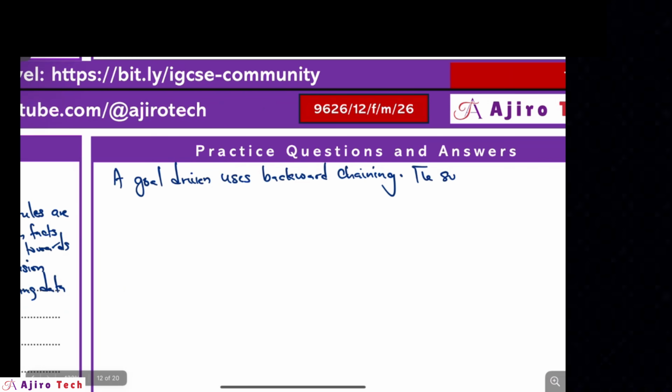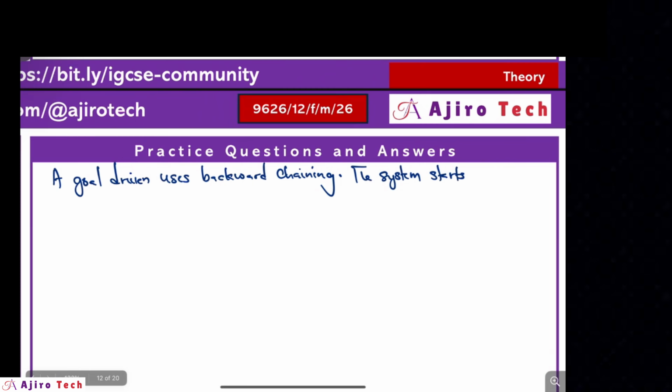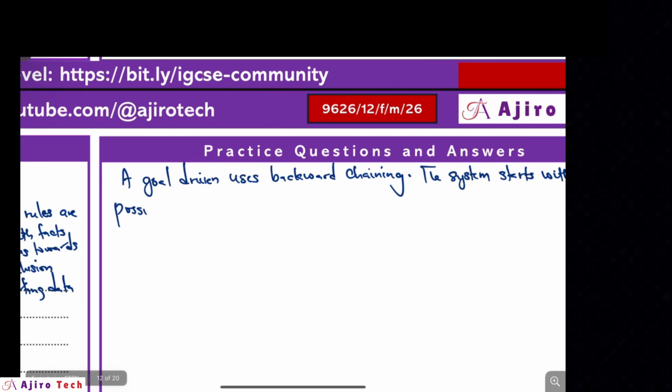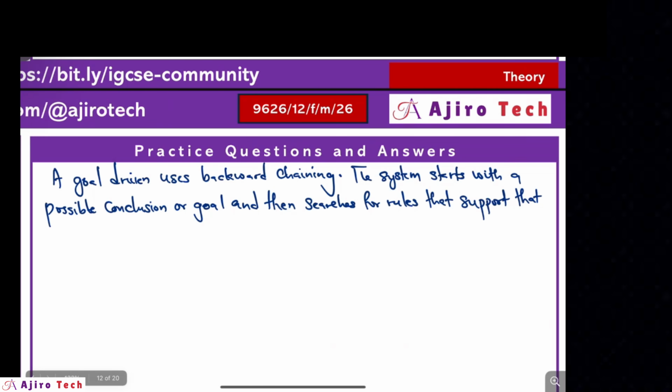That means the system starts with a possible conclusion, or goal, and then searches for rules that support that conclusion.